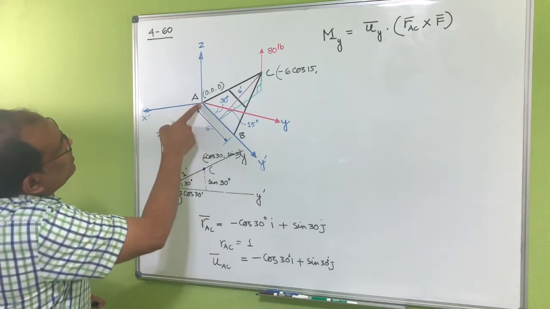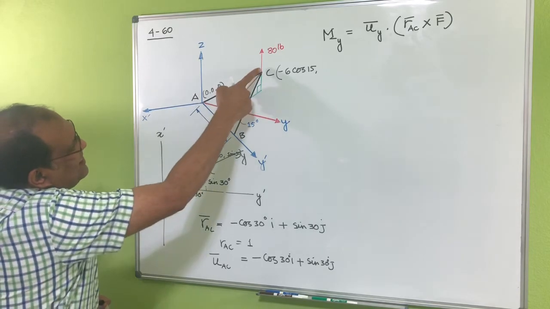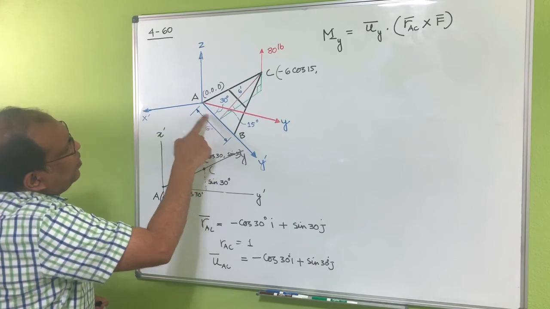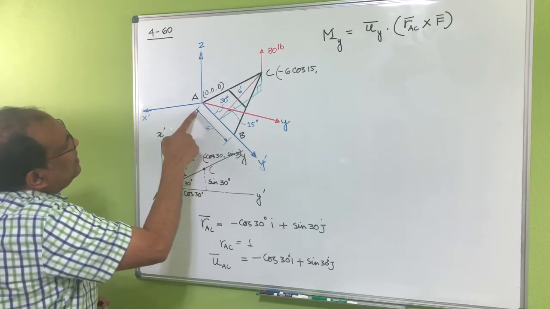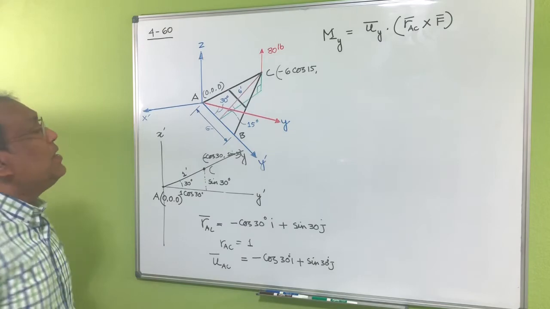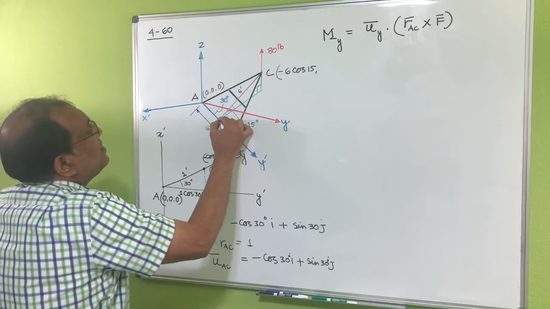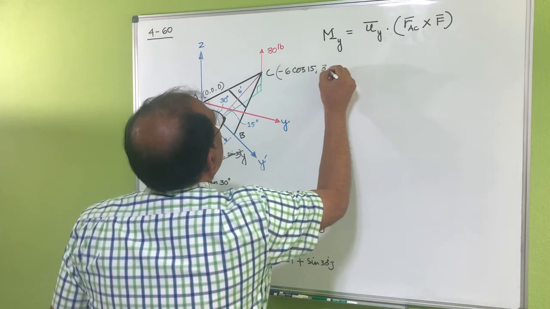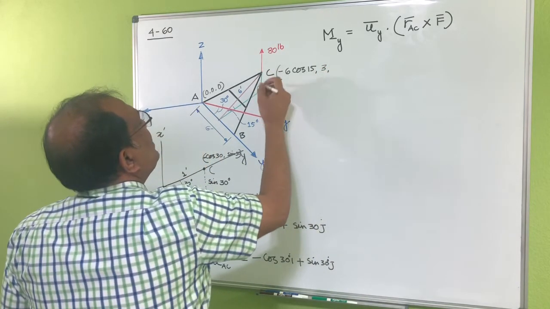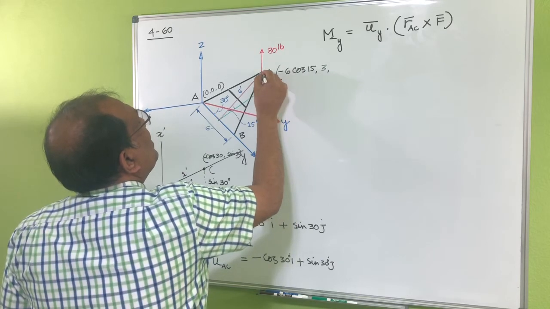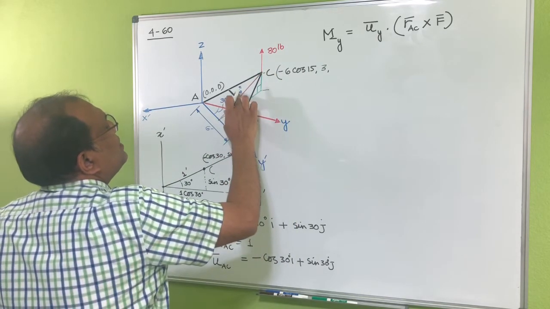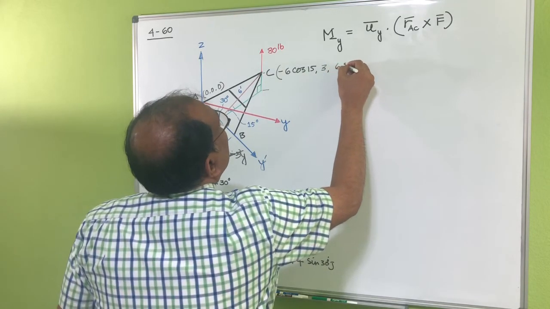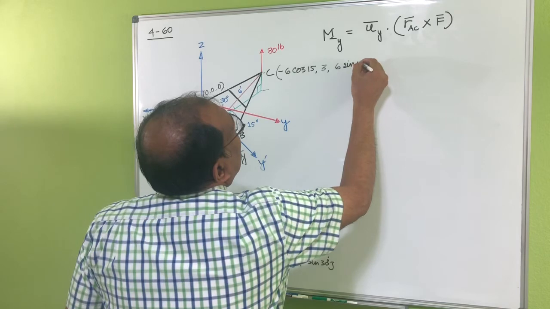You can see this one is from here to here. Actually, this is a uniform A, so this one is at the midpoint from here to here, and you can see the distance from here to here is 6. So this distance from here to here is actually 3. And this is your z from here to here. So if this is 6, then this one would be 6 sine 15.